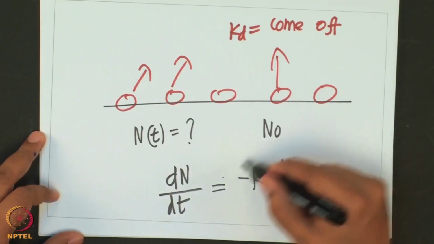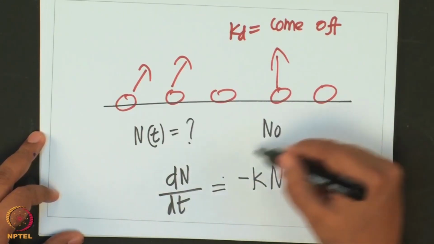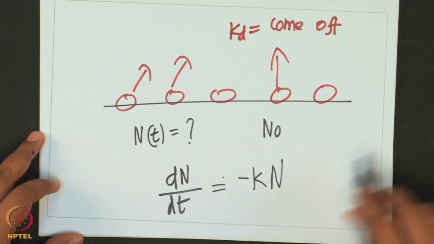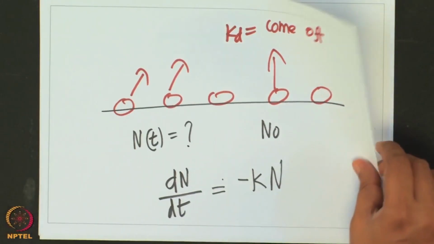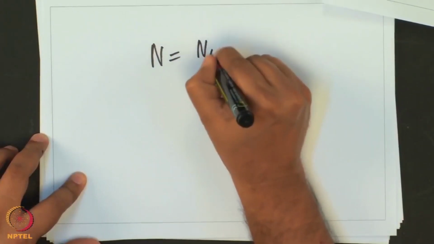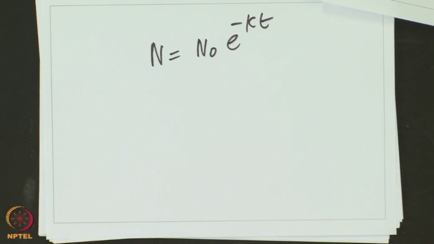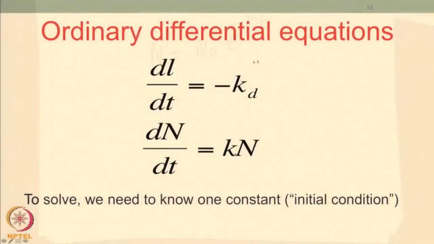So this coming off quantity has to be proportional to n itself, and if I solve this, similarly you would get an exponential decay. You would see that dn by dt is minus kn, which has a solution n is equal to n0 e power minus kt. So these two are examples of typical differential equations.